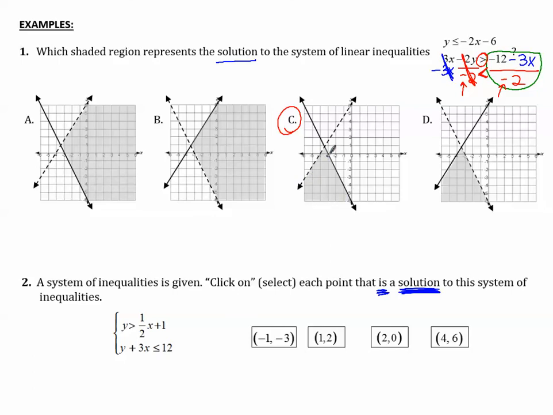It could be on the solid line bordering the shaded region, but not on the dashed line. So I'm going to use my calculator again to do this, but I notice this second inequality is not with y by itself. So let's start by doing that. Minus 3x, and now the y is by itself.